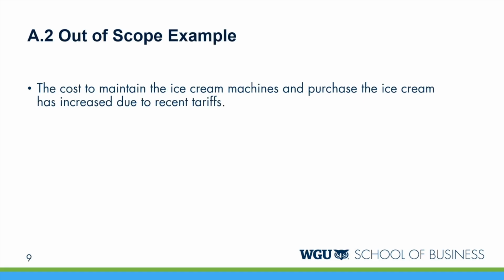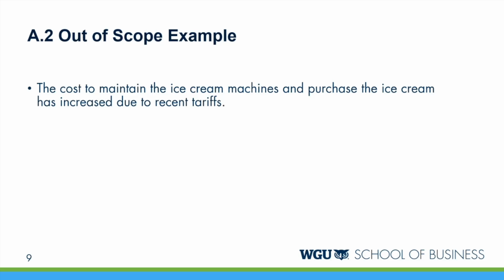Next one. Here's an example, because we're using the ice cream machine example. The cost to maintain the ice cream machines and purchase the ice cream has increased due to recent tariffs. Basically it's like a so what, right? Because that's not what we're trying to solve for. We're trying to see, are employees actually even using this service?